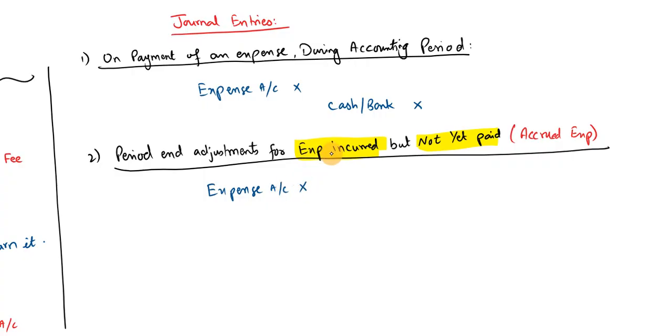There is no question on it, because expense is incurred, so we debit the expense. The second one, since we have not paid any amount, cash will not be credited. It means we incurred the expense and did not pay the amount, so it's our liability to pay. So we will record the liability: accrued expense will be credit.